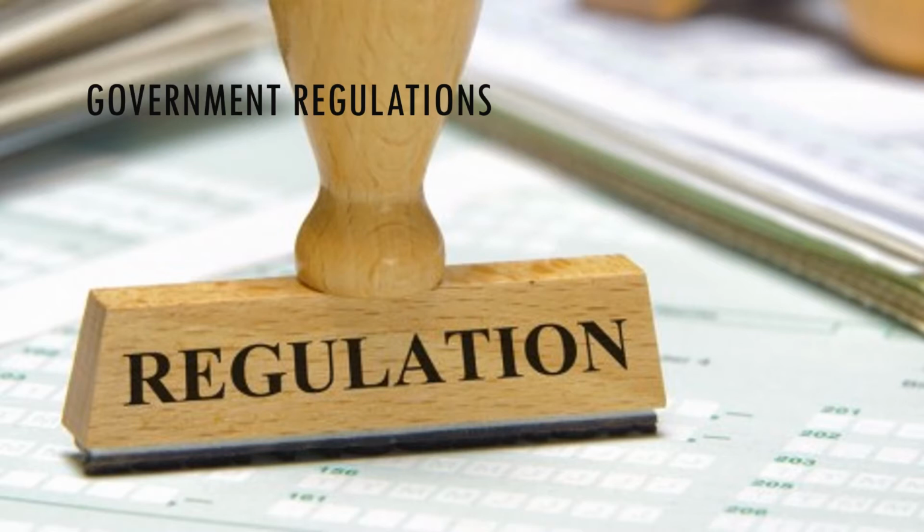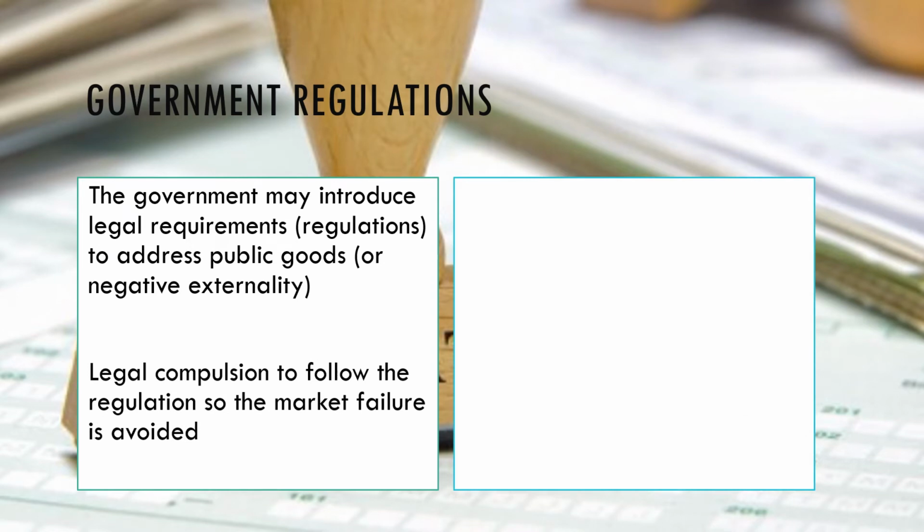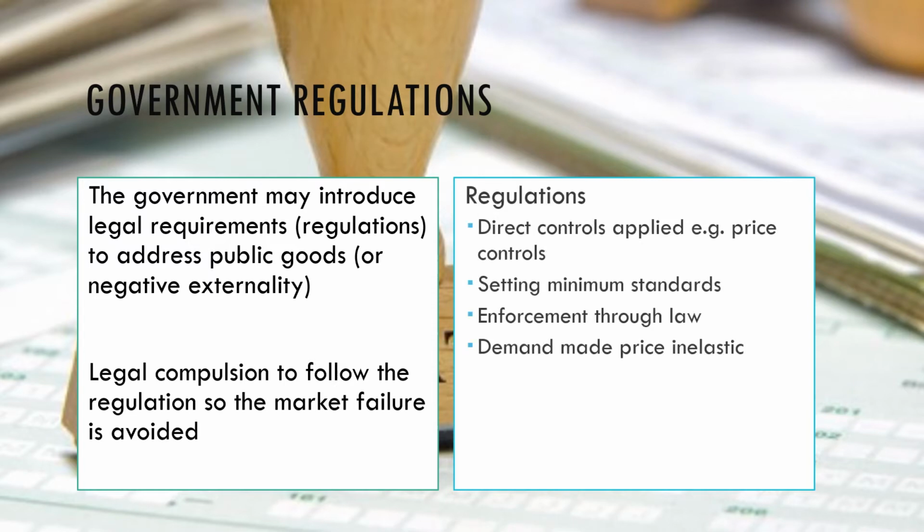Governments may also pass regulations, and this is where they use the law to enforce consumers or producers to behave in a certain way that addresses problems associated with public goods or negative externalities. So they might make a legal compulsion, make it legally necessary to abide by a certain regulation so that market failure is avoided.